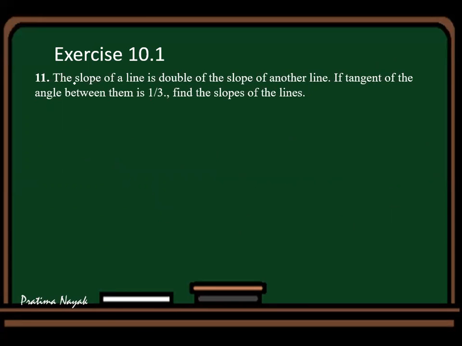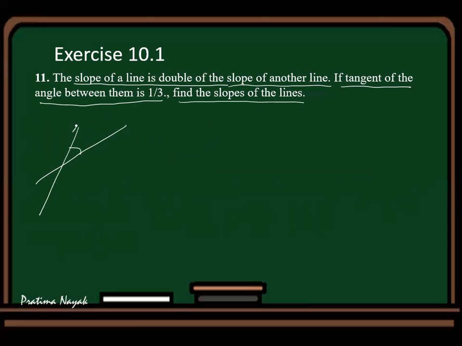Question number 11. The slope of a line is double the slope of another line. If the tangent of the angle between them is 1 by 3, find the slope of the lines. So here there are two lines. One slope is double the other, so we can take one as m, the other is twice m.